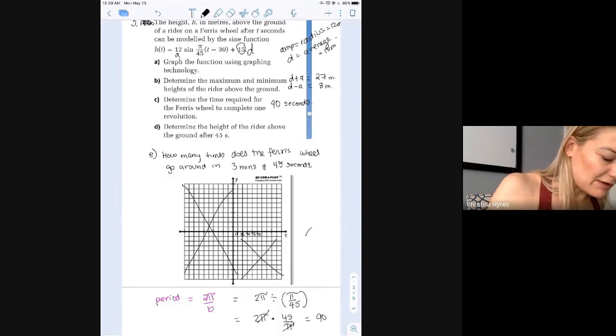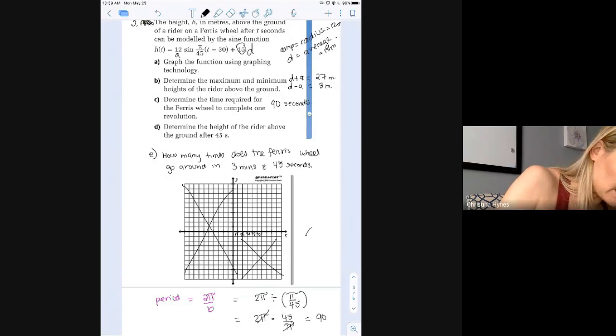So I'm just doing the graph of it because that's what this question was requiring. Yours already gives you the graph, which is nice. They also give you the max height of 27 and the minimum at 3. So we do want to include those values. So I'm going to go up by 3. 3, 6, 9, 12, 15, 18, 21, 24, and then 27.